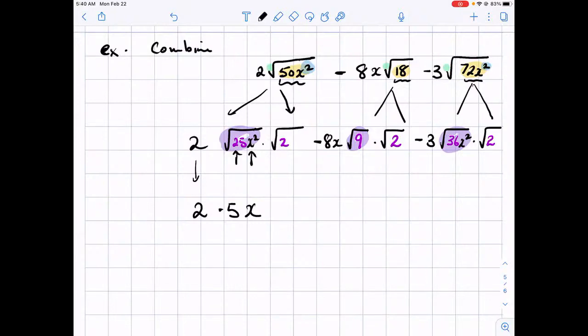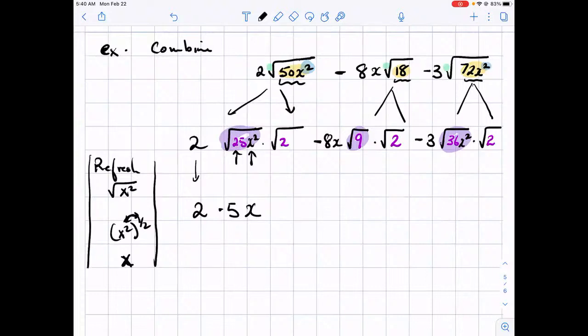Okay, so just to refresh, the square root of x squared is the same as x squared raised to the 1/2 power, and 1/2 times 2 is just 1, and that's why I'm getting just x. So this is like a little refresher as to how I'm getting my x there. And then we have the square root of 2 left.